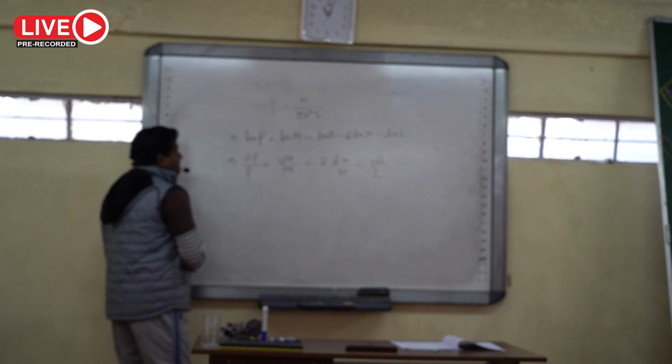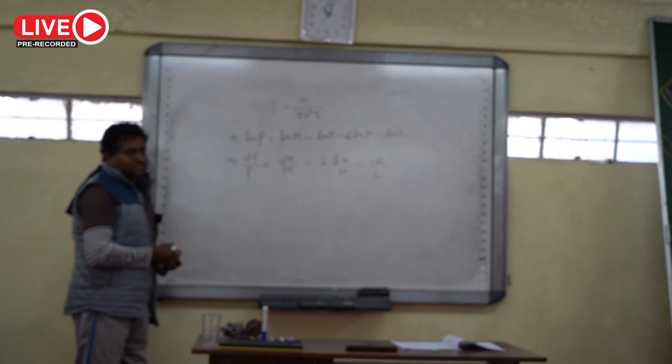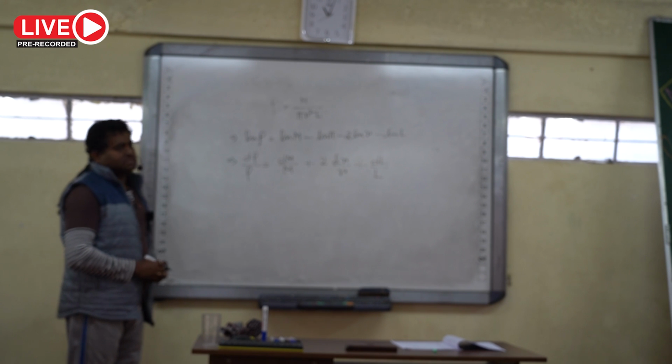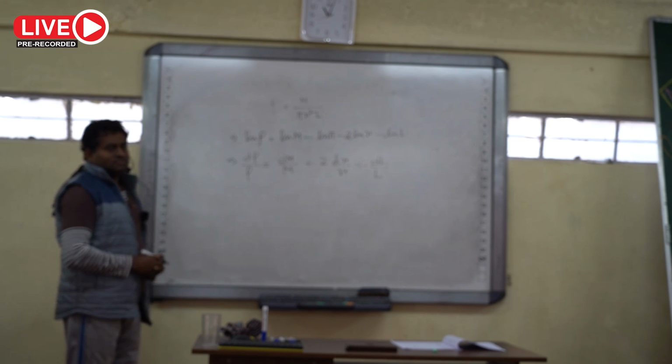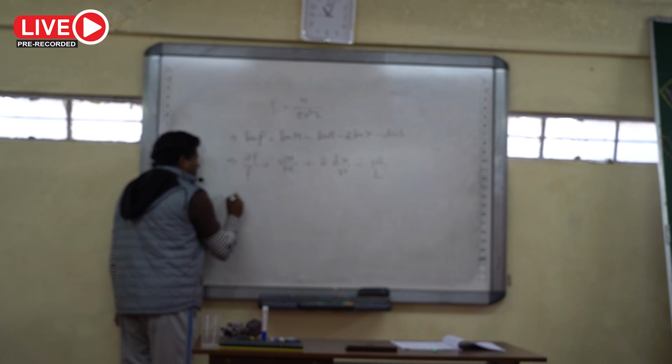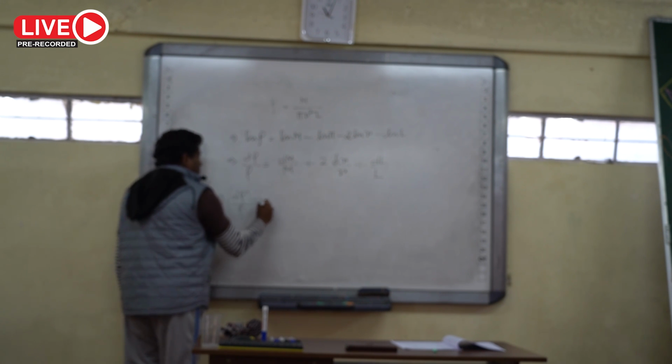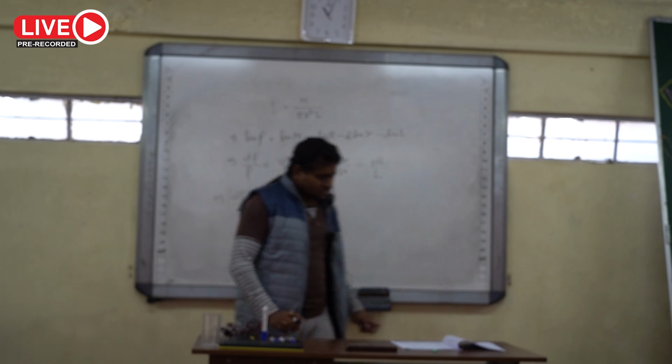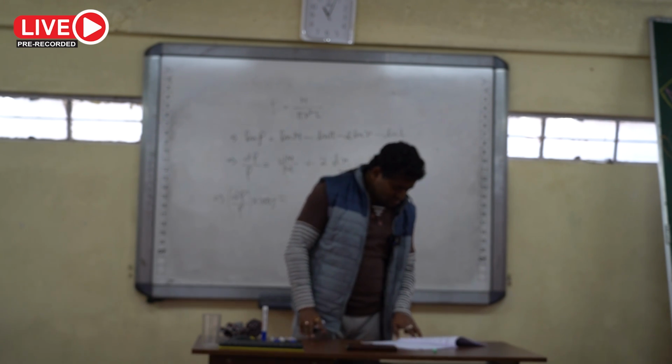Then if you multiply both sides by 100%, it will be the percentage error. So the maximum percentage error required is d rho by rho into 100%, and all the percentage errors are given.